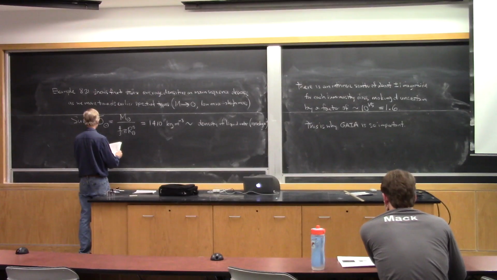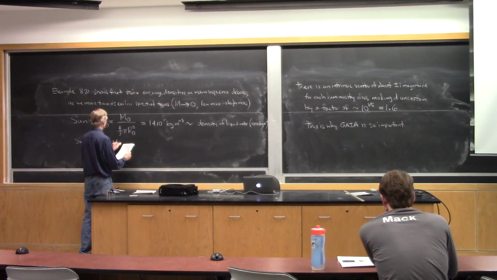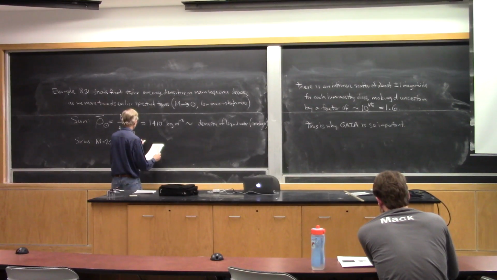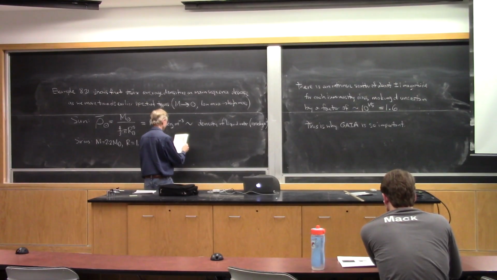Sirius's mass is about 2.2 times the sun's. Its radius is about 1.6 times the sun's. Put in the numbers and what do you get?